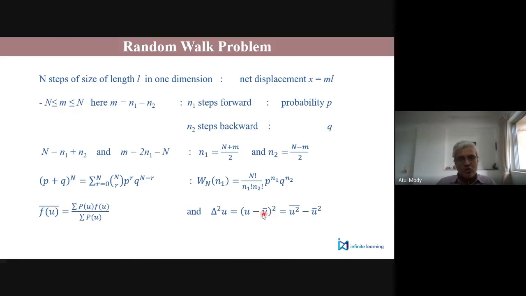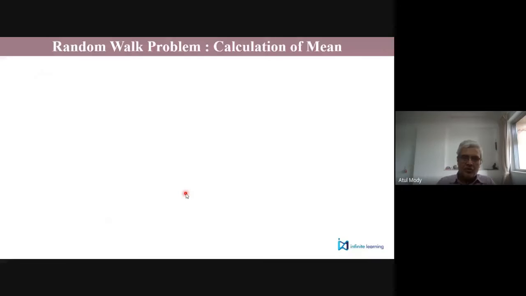And then last term is plus u bar square. So you are left with one excess minus u bar square. You can go through the maths yourself. I should have had a bar here on top of this. Entire (u minus u bar) whole square should be under the bar. So if you write, please make sure that you do that. I'm sorry.